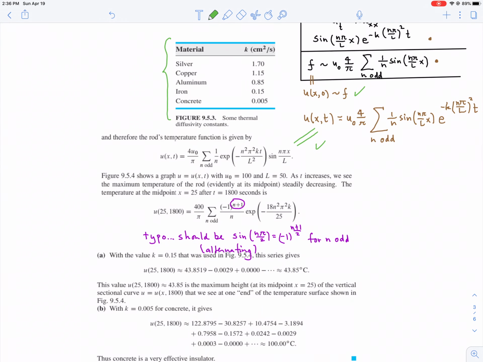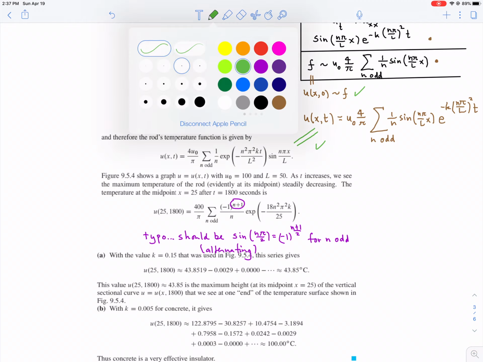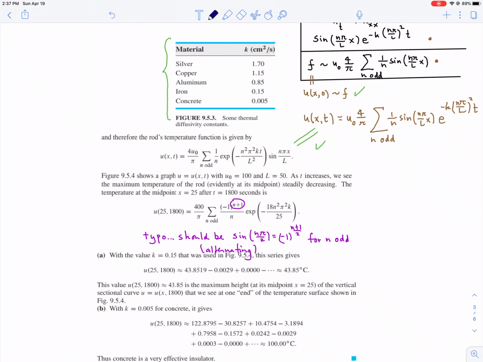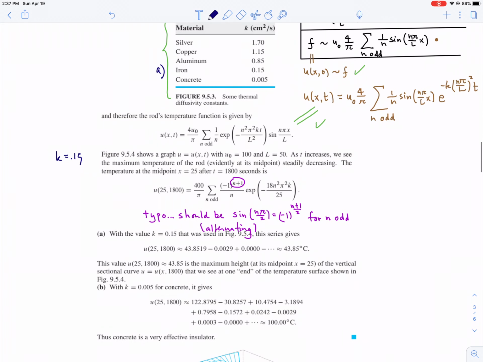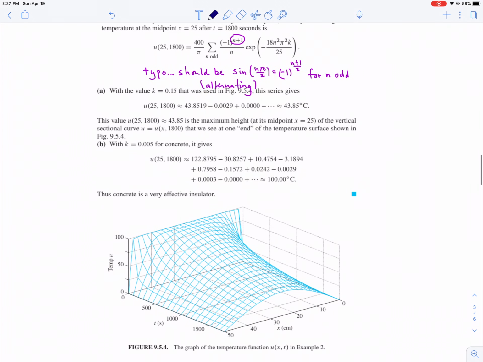Okay, now in the text, there is a graph of what happens. This is for the first thing they wanted us to use, which was iron. So this was the diffusivity of iron. And let's have a look at that graph.